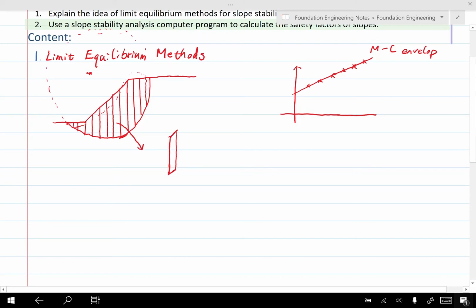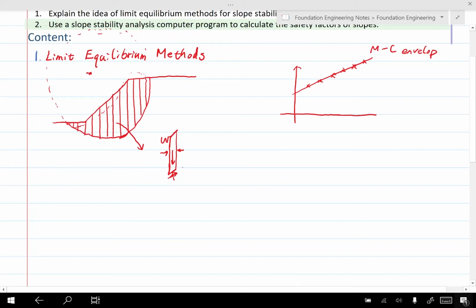So if we have a shape like this, in order to get the safety factor, we want to look at the static equilibrium of this slice. We have weight, and we may have forces from neighboring slices, and what is extremely critical is the stress at the bottom. So we also have friction and normal force. The idea of this limit equilibrium analysis is that we assume that the shear strength is activated.